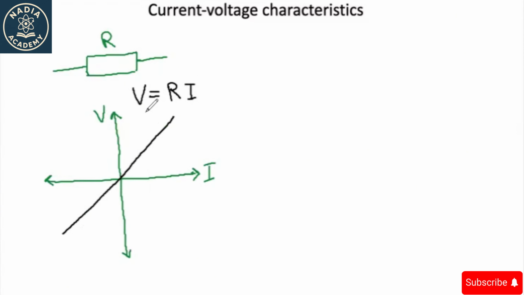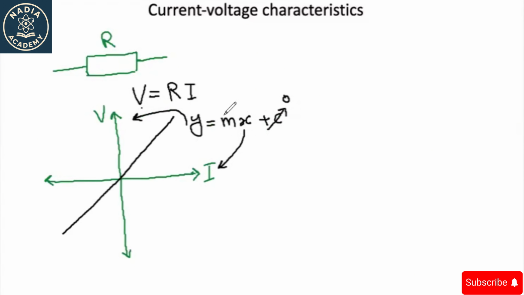Here you can see that the potential difference is on the y-axis and current is on the x-axis. So our equation for a straight line, y equals mx plus c, will explain this graph. In this graph, c is the y-intercept, which is 0, x is the current, and y is the voltage, the potential difference.